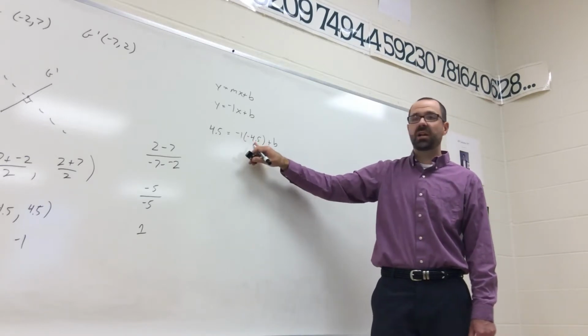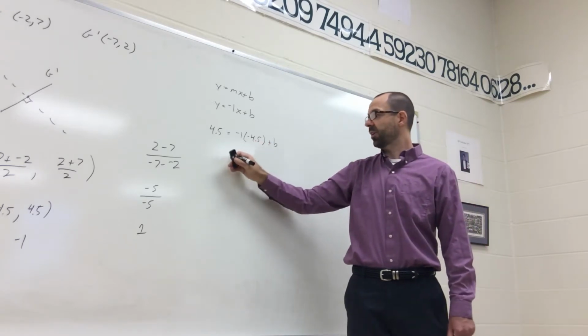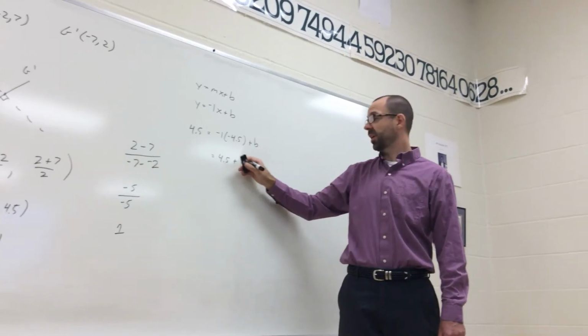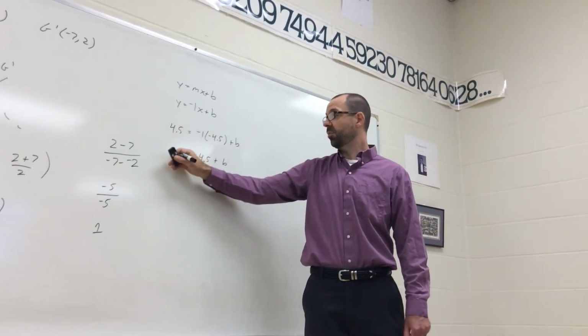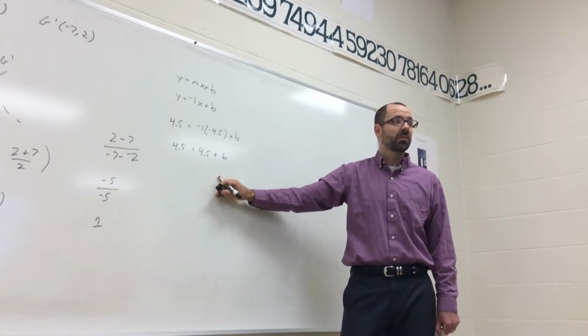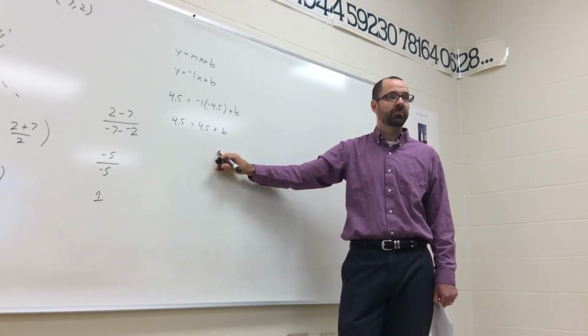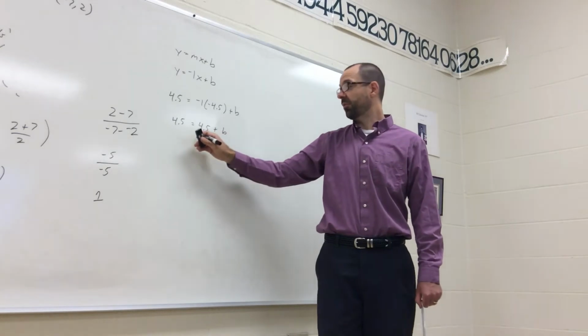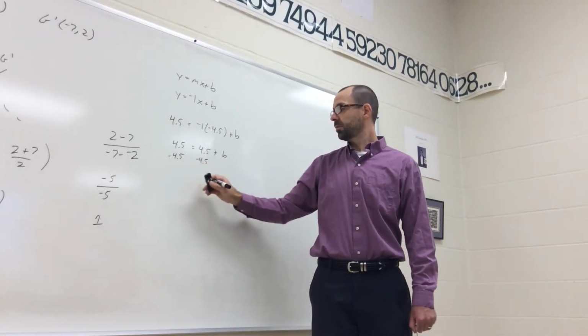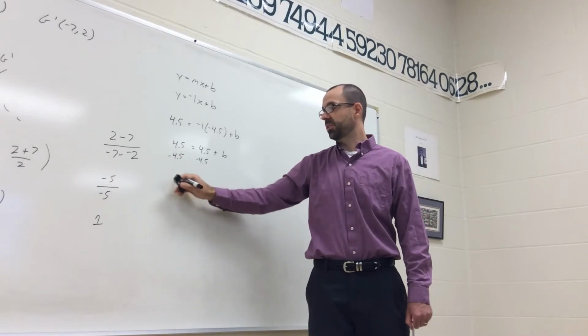Okay, then -1 times -4.5 is +4.5. Then I'm going to recopy that plus, recopy that b, recopy that 4.5, recopy that equal sign. And then subtract 4.5 over. So b turns out to be 0.